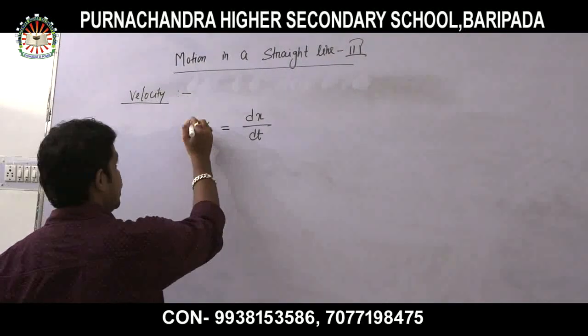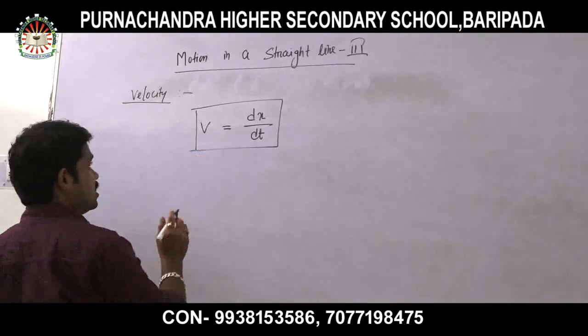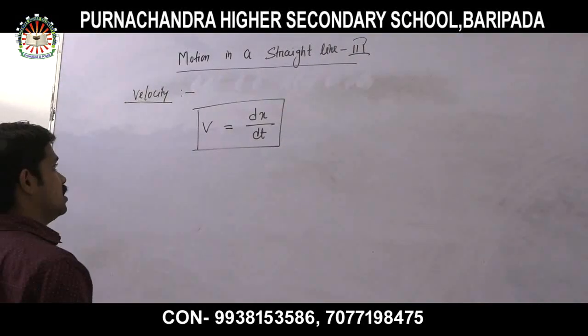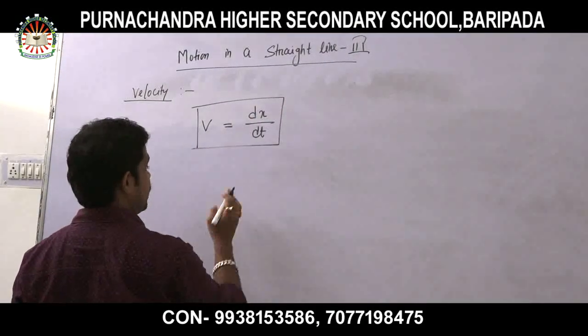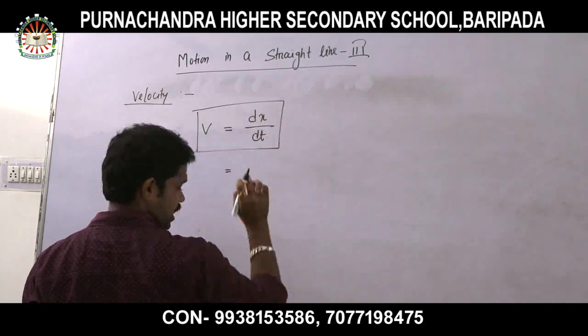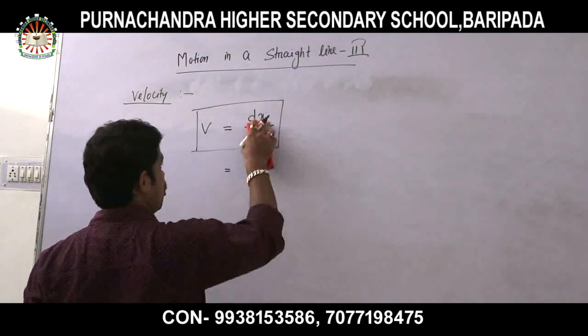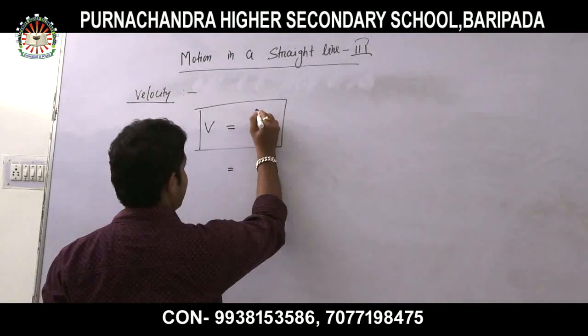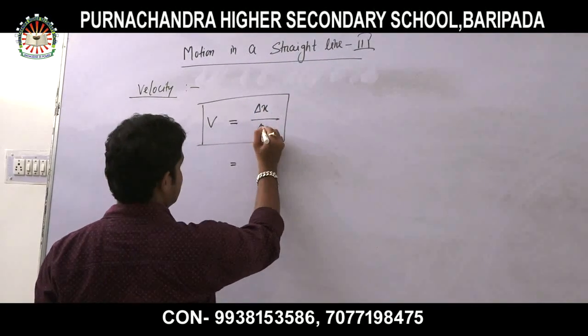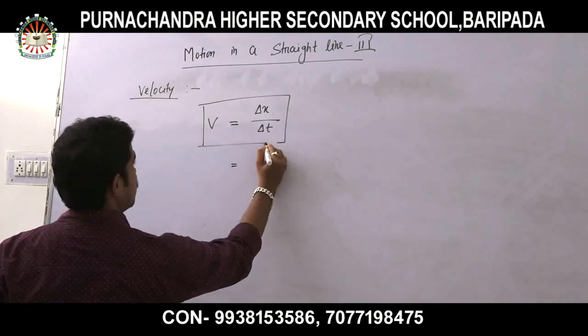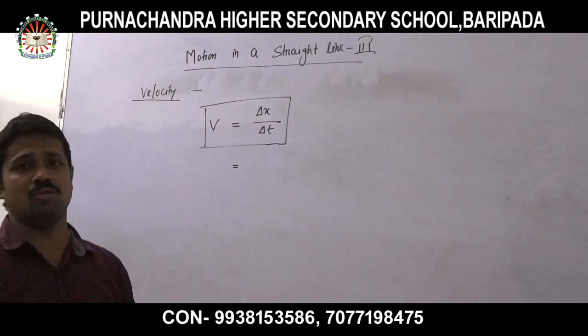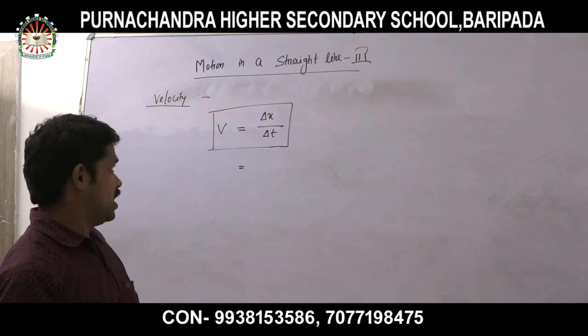dx divided by dt. So this is the rate of change of the displacement. Actually, it is better to write not dx by dt, but the change of displacement with respect to time. This is the better way to represent. So v is equal to del x divided by del t.